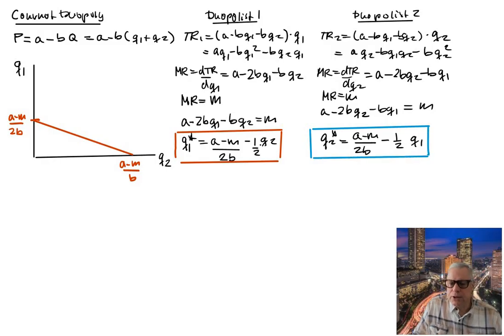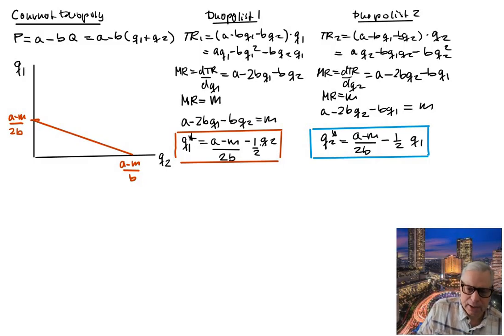Now here we have Q2 on the left side of the equation. To match this graph, we would have to rearrange the terms and put Q1 on the left side of the equation.